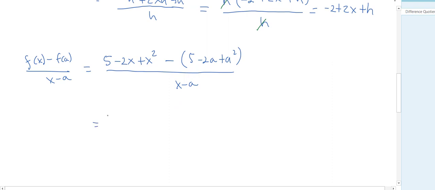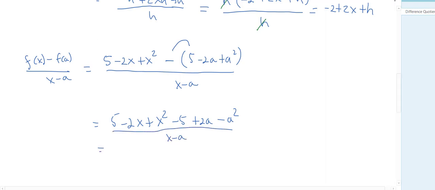And simplify. So distribute this negative through. I have 5 minus 2x plus x squared, and distributing that negative, minus 5 plus 2a minus a squared, all over x minus a. What does this simplify to?